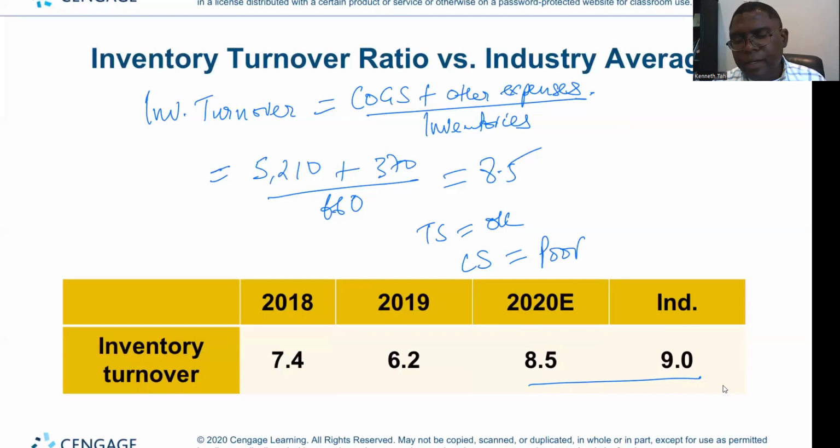So if inventory turnover is low, if you think of a shop like Walmart, if they have a low inventory turnover, it means that there are lots of goods that are staying on the shelf. And with a longer time on the shelf, there'll be spoilage, there'll be theft. So high inventory turnover is a good thing, whereas low inventory turnover is poor.